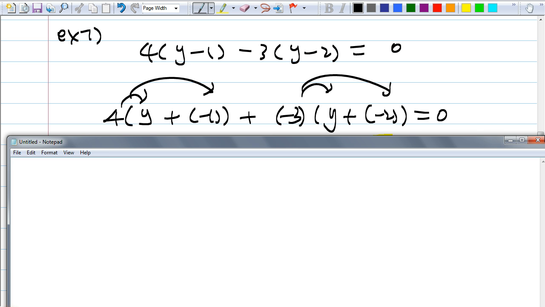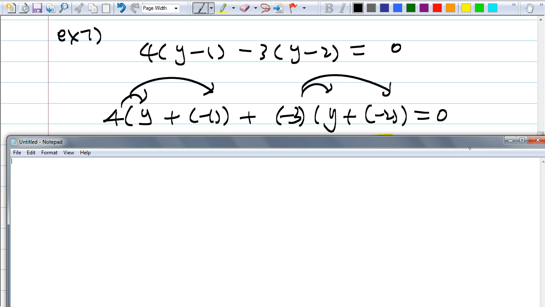We distribute. Yeah, exactly. Tell me what to write. 4y minus 4, minus 3y plus, exactly. Equals 0.